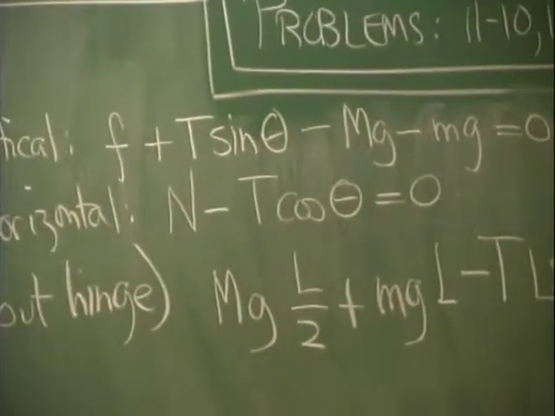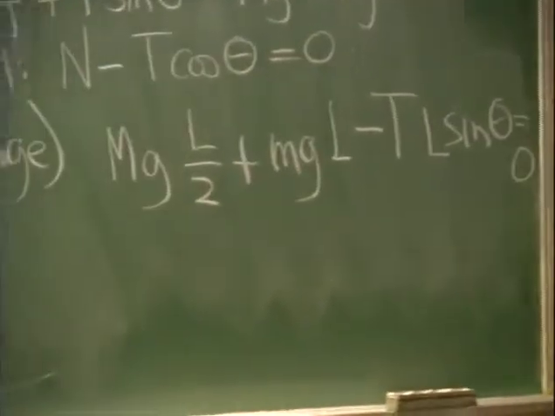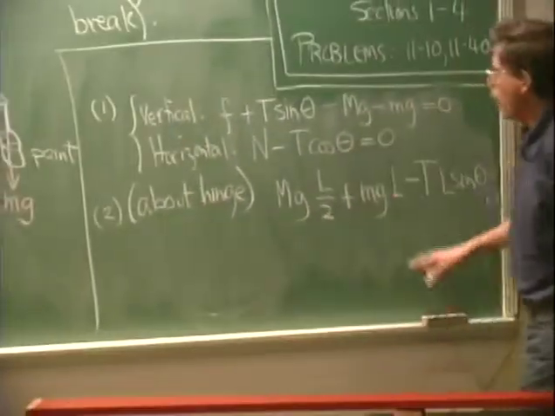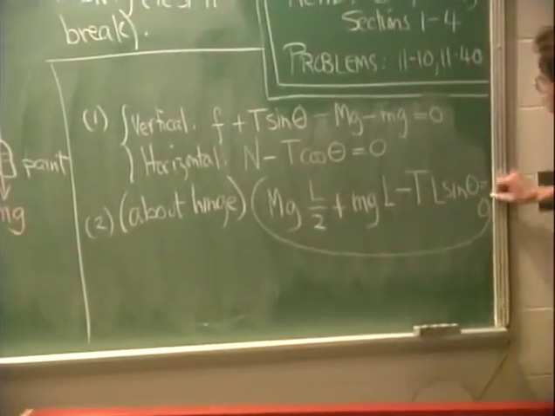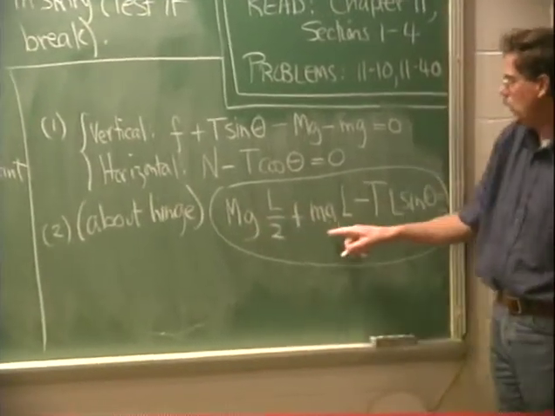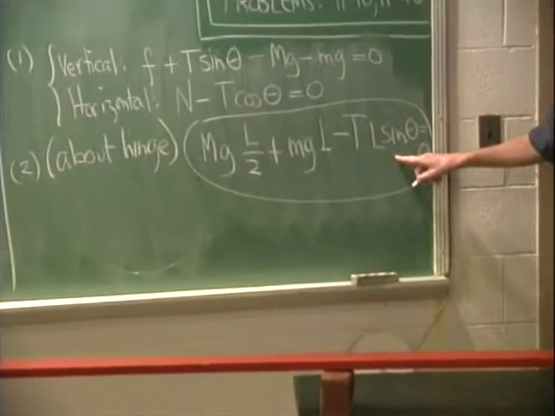What was I looking for in this problem? Capital T is the tension that I wanted to calculate. This equation, the torque equation, by itself is going to do the job, isn't that right? Because I know everything in here save T. So I can solve that for T, and I'll be done.